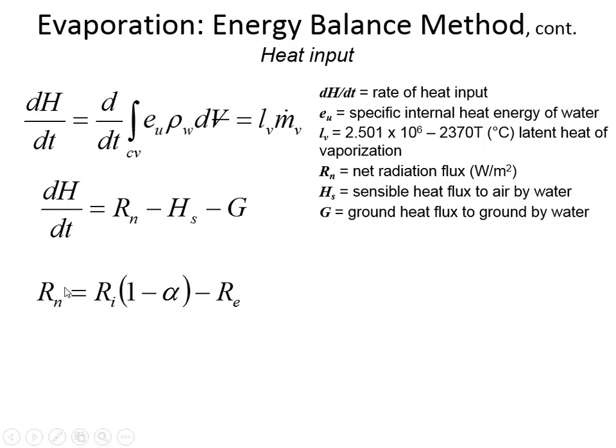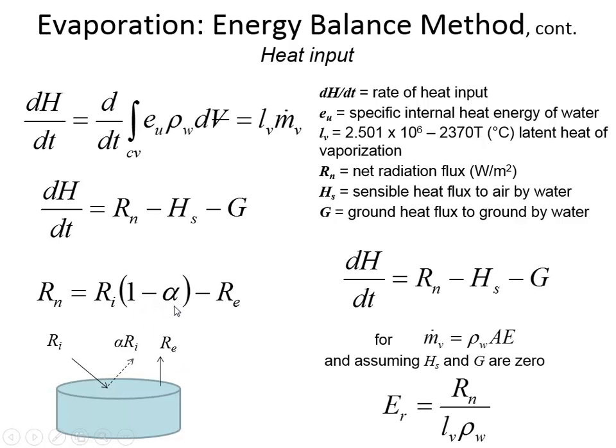Radiation that is available for evaporation is partly related to the incoming solar radiation, but then there's also something called albedo, which is the reflection of the surface. The way that you're able to calculate the net radiation is you've got the incoming radiation, the emitted radiation, and then the difference between the two is albedo.